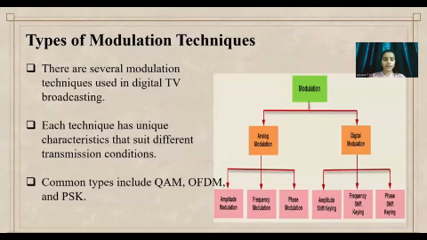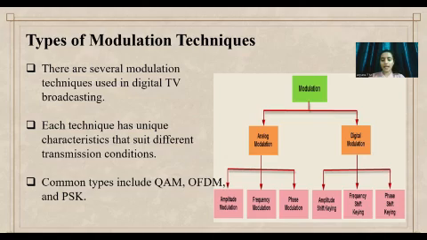Types of modulation techniques. There are several modulation techniques used in digital TV broadcasting. Each technique has unique characteristics that suit different transmission conditions. Common types include QAM, OFDM and PSK. Modulation has two types: one is analog modulation, the other is digital modulation.